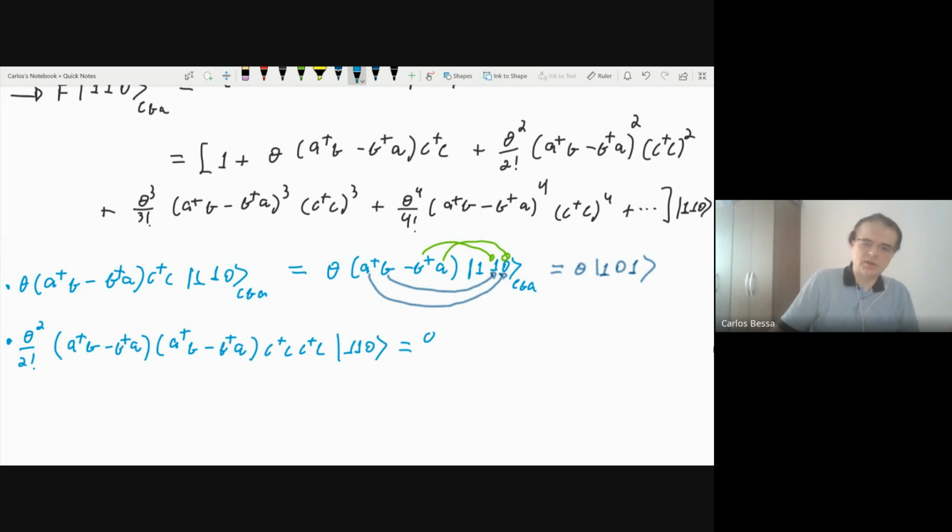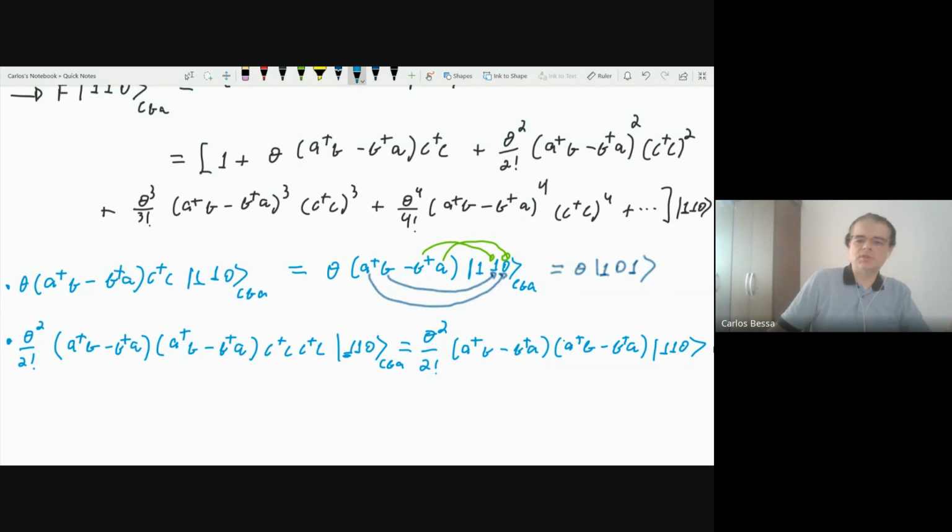So this is theta square over 2 factorial. And we know, again, these guys apply to this term here, that's the C, CBA. So destroy, create, destroy, create. So the first term is just 1. So this is A dagger B minus B dagger A, and A dagger B minus B dagger A, 1, 1, 0.